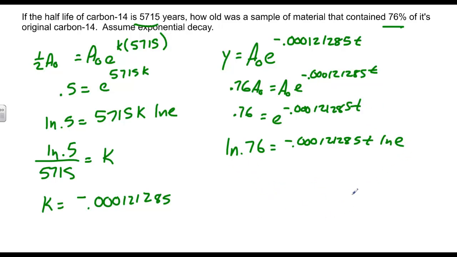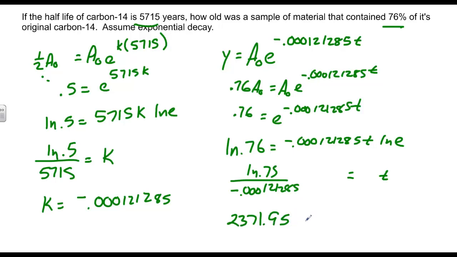Natural log of e we know is 1, so therefore t equals the natural log of 0.76 over negative 0.000121285, and that's going to equal t. And in this case, t will be equal to roughly 2,371.95 years.